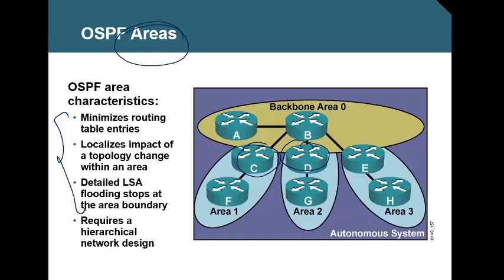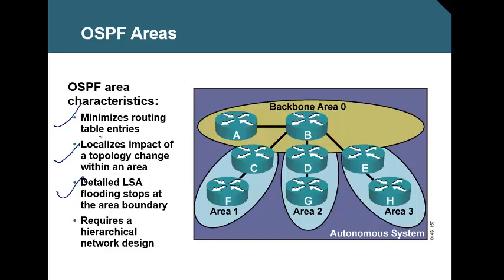This is how areas can solve the problem of flooding detailed LSAs to every area, impacting all areas, and of big routing tables. It can be solved only with the help of areas, ABR and summarization. When you have areas and do summarization on the ABR, minimizing the routing table is possible.